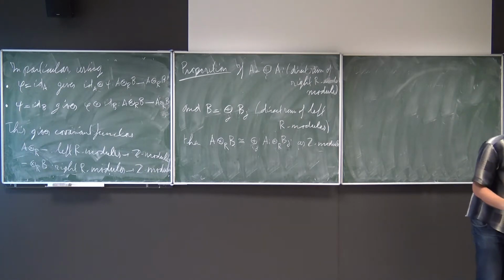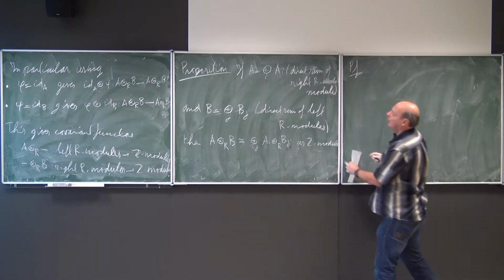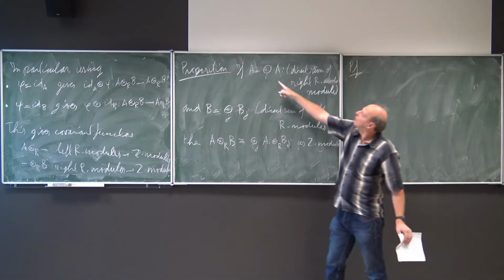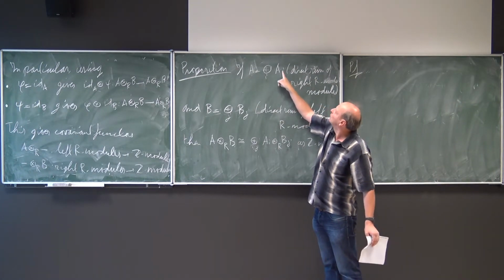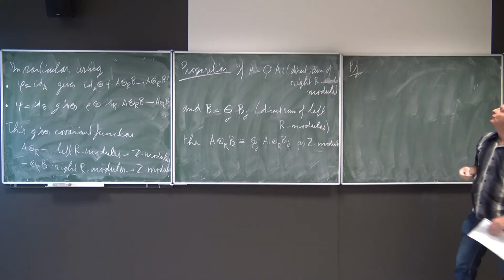So, proof. I'm going to apply the previous one basically, because if I, for example, go from A and I project to a particular coordinate Ai, that's a map of right R modules.